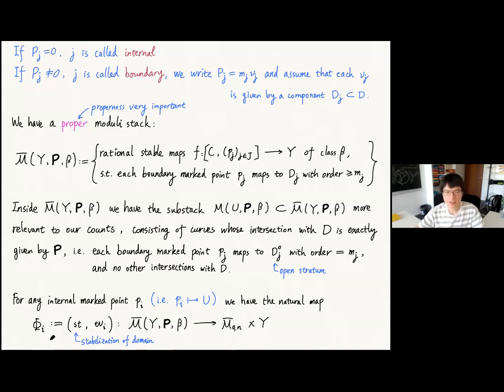The first factor of phi I is given by stabilization of the domain, because for a stable map in M bar, the domain curve might be unstable. So the first factor of phi I is stabilization of the domain, and the second factor of phi I is evaluation at the ith marked point.